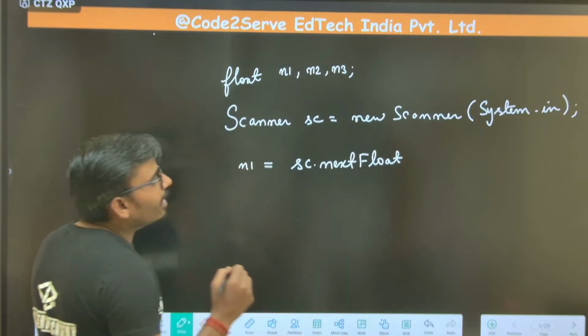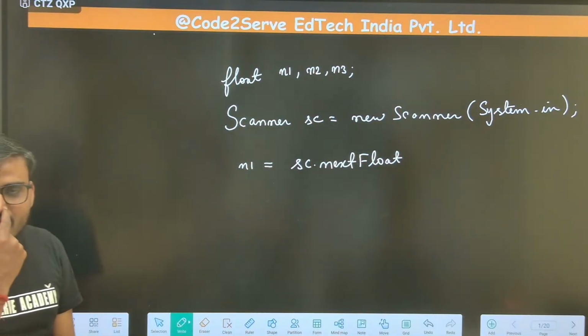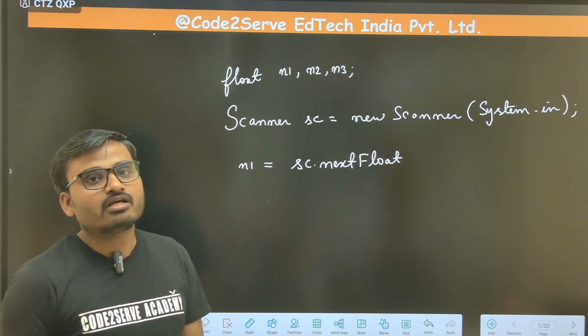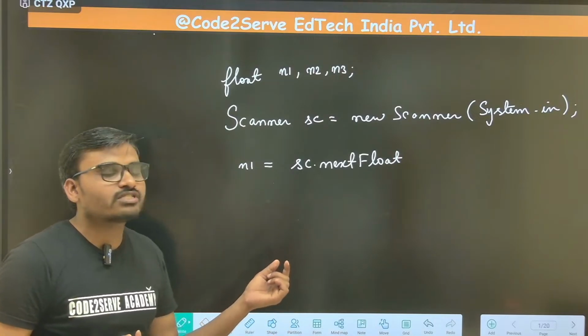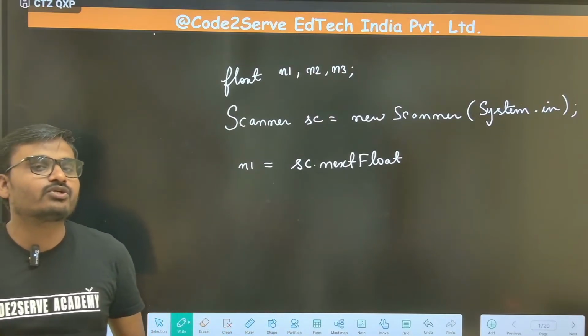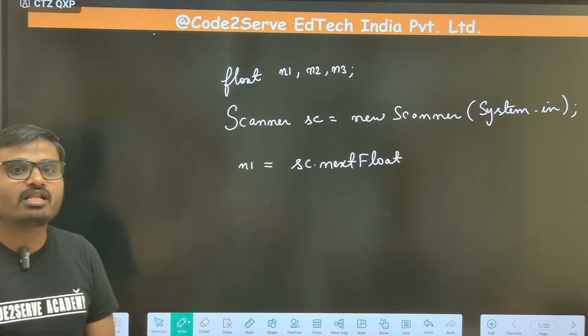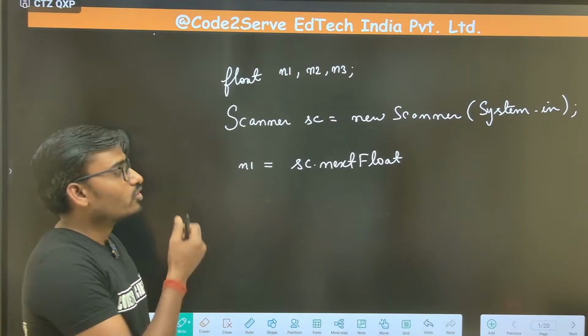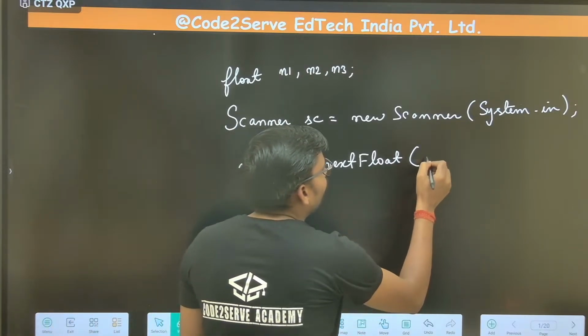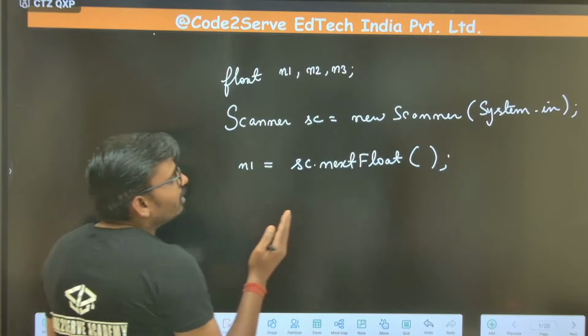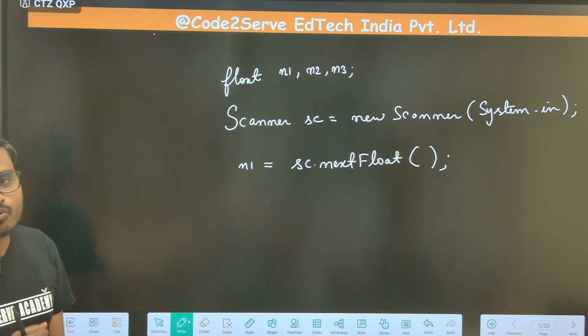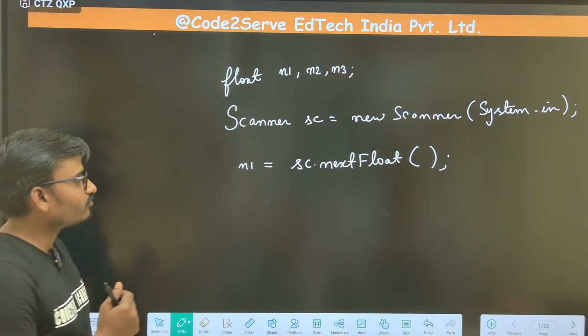In the last class, I already discussed that we have various methods available. For float, we can use nextFloat. For integer, we can use nextInt. For double, we can use nextDouble. So we'll use nextFloat, and then we'll get the first number whatever the user has entered.